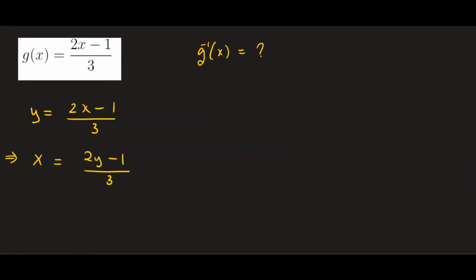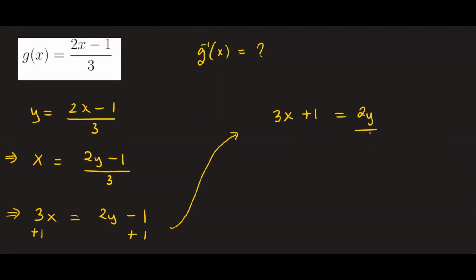And now we solve for y. So we'll multiply both sides by 3. We have 3x is equal to 2y minus 1. And then add 1 to both sides. So that would give us 3x plus 1 is equal to 2y. And lastly, we divide both sides by 2.